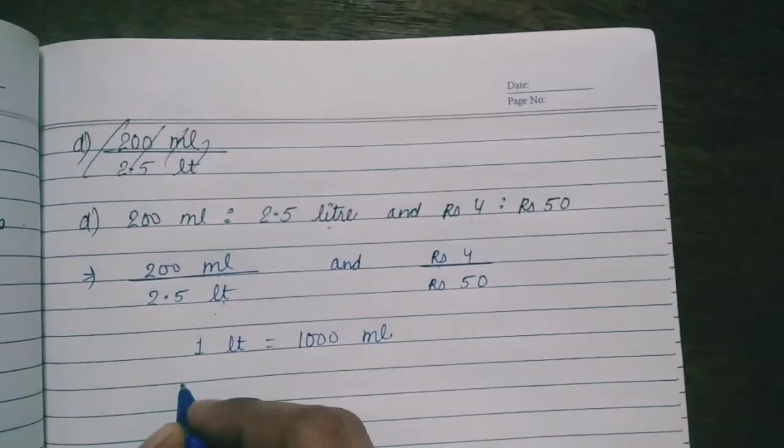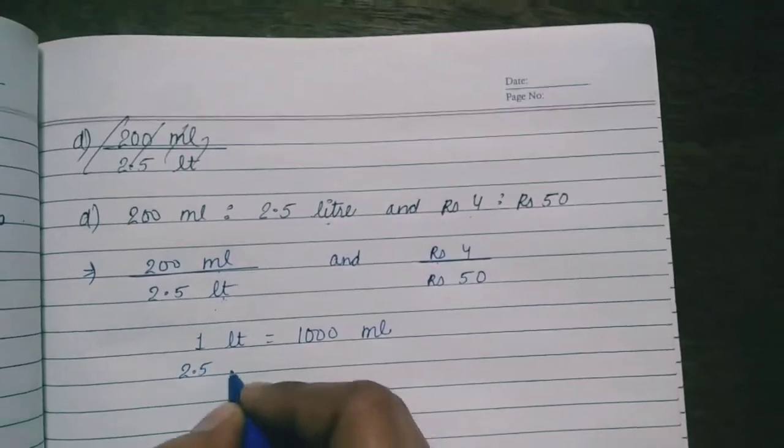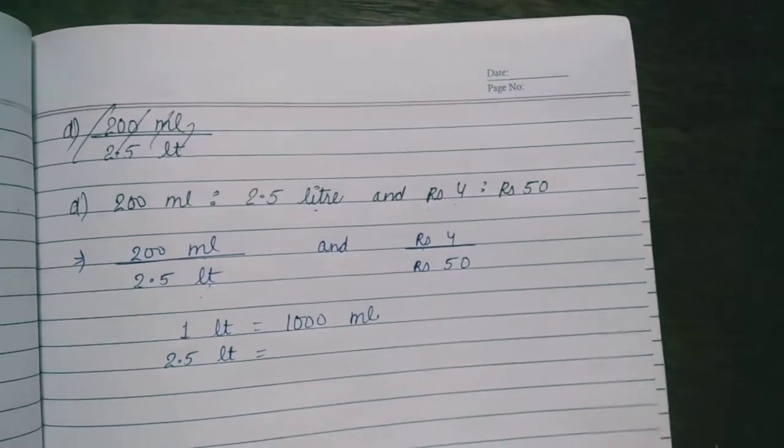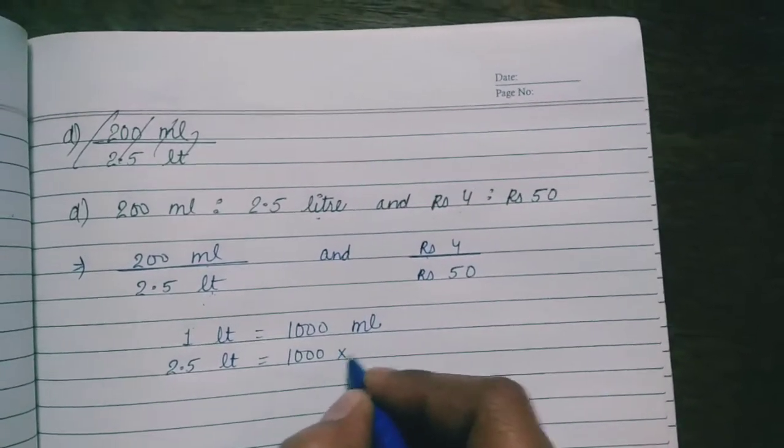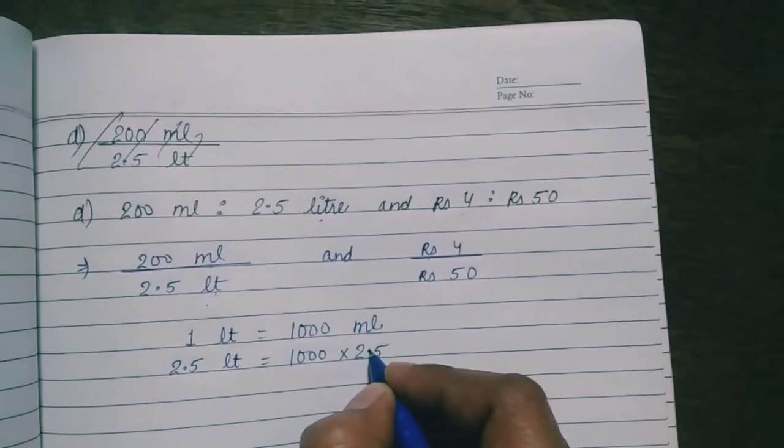It means to convert 2.5 liter into milliliter, we will multiply 1000 by 2.5.